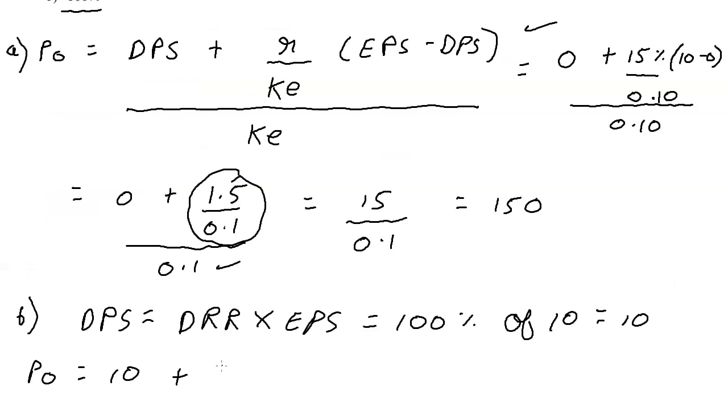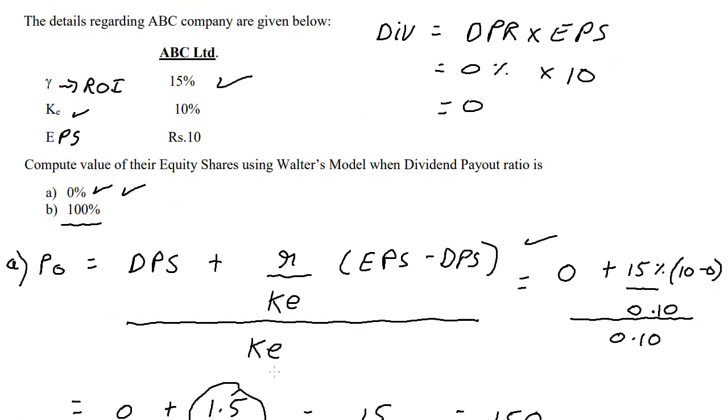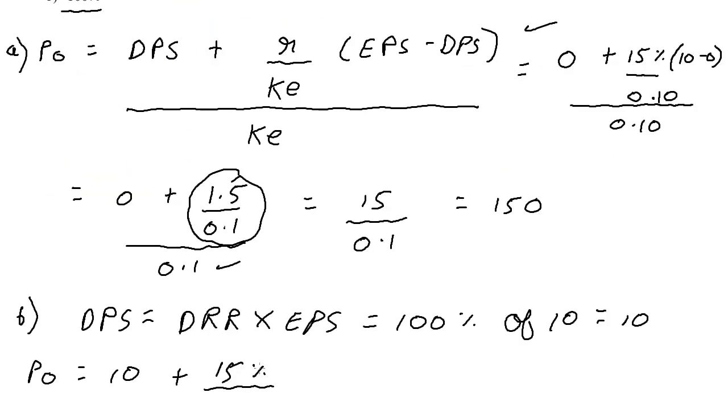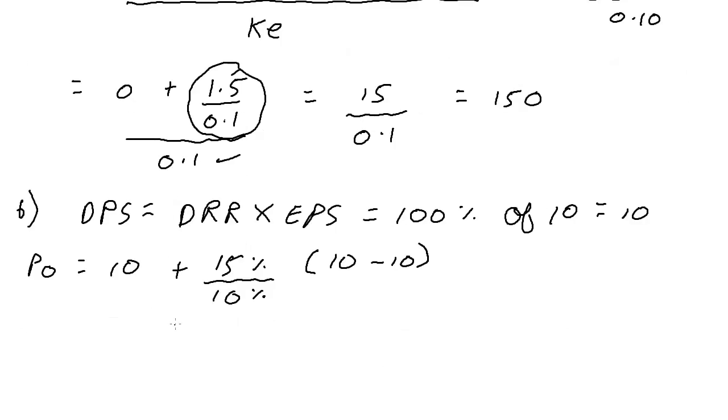So 15% divided by the KE, which is 10%. Divided by the KE, which is 10%. And this time around, earnings per share is 10, dividend per share is also 10, and the whole thing again divided by 10%.